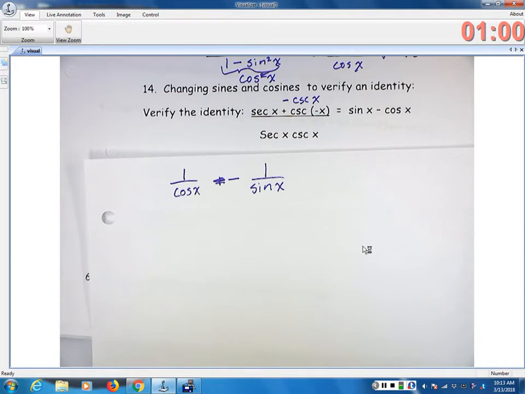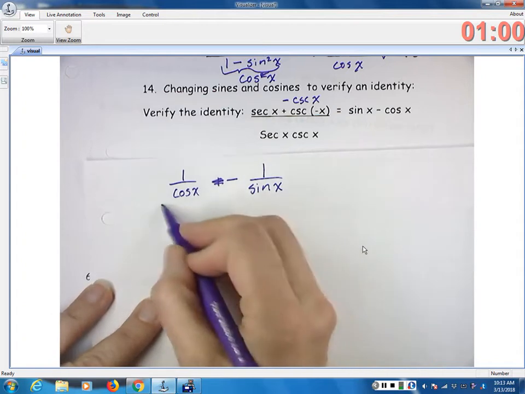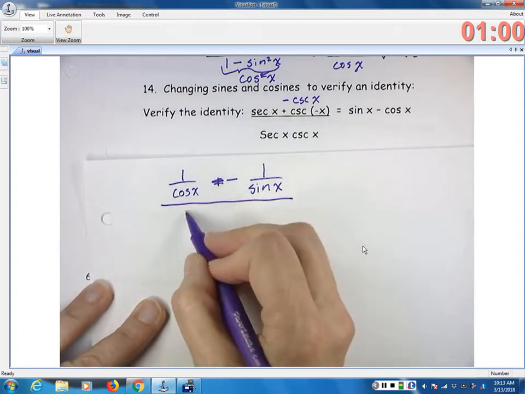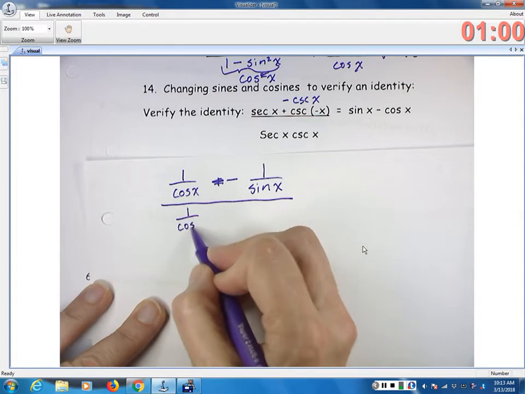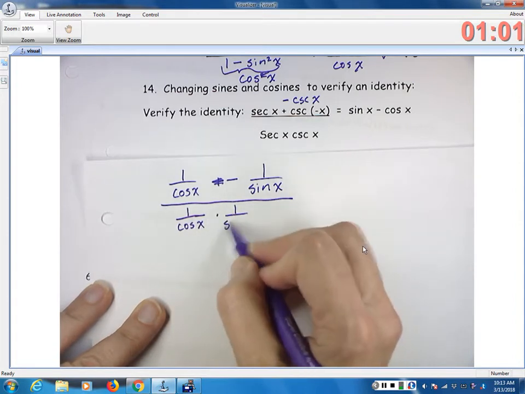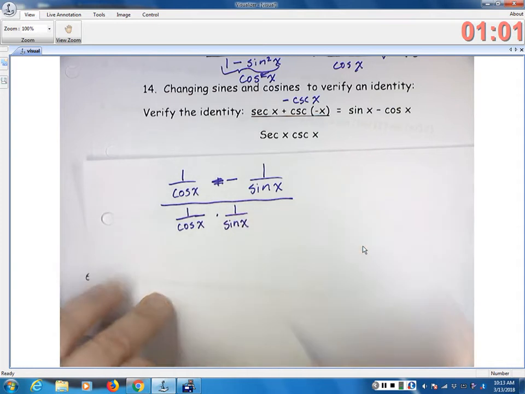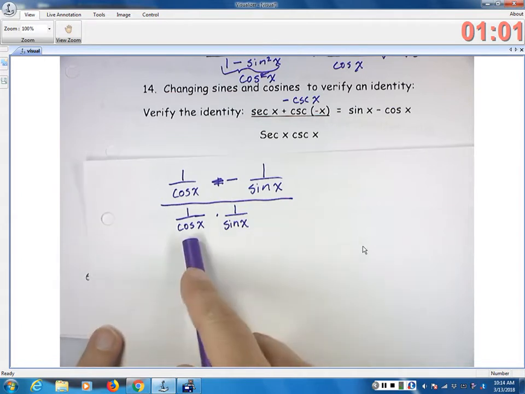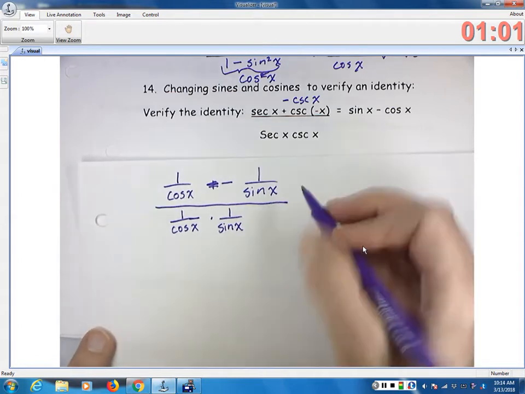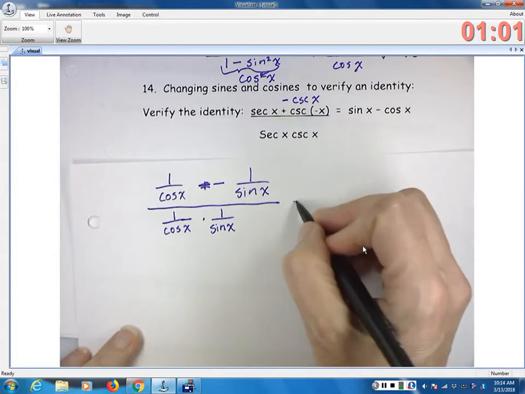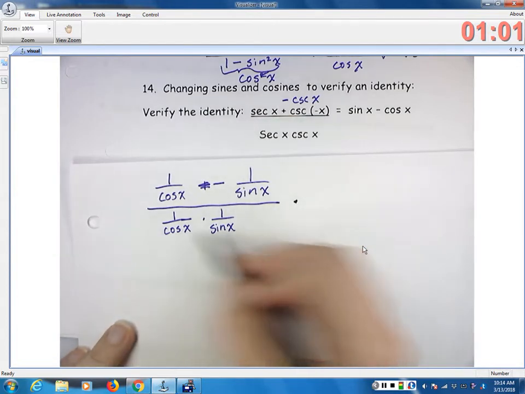Okay, so that was the numerator. The denominator is secant x, which is 1 over cosine, and cosecant, 1 over sine. I want to get rid of this numerator.